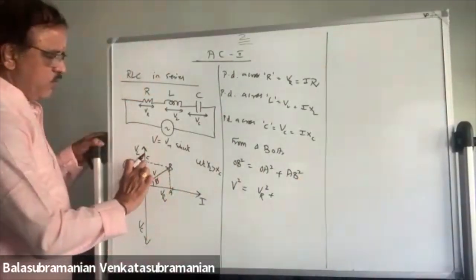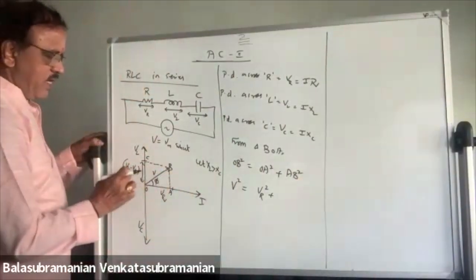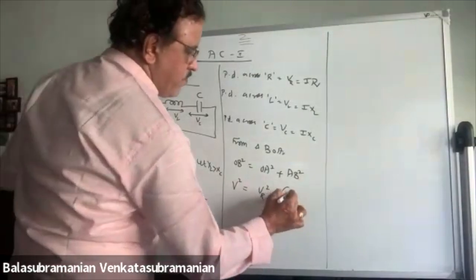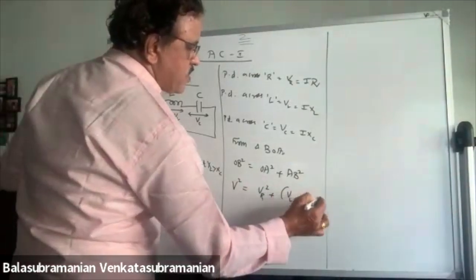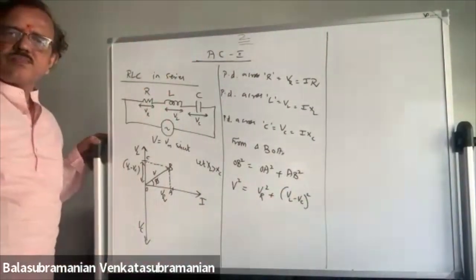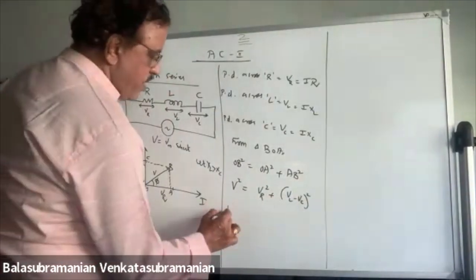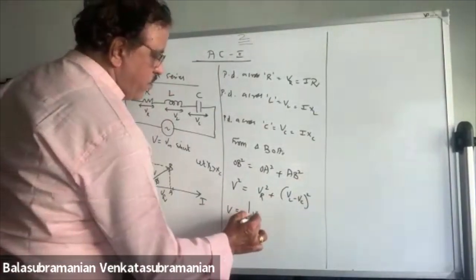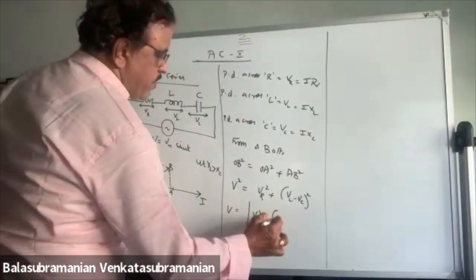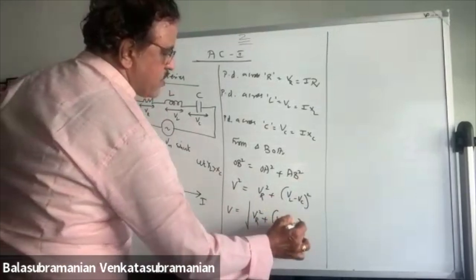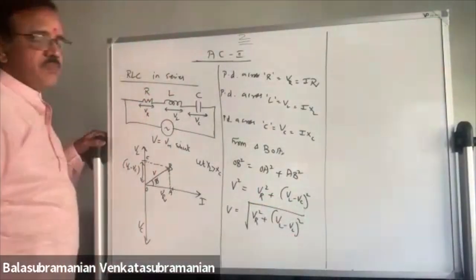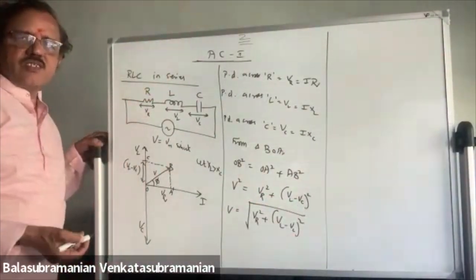AB and OC are equal and parallel, so we can write VL minus VC the whole square. So V will be root of VR square plus VL minus VC the whole square. This is the resultant voltage.